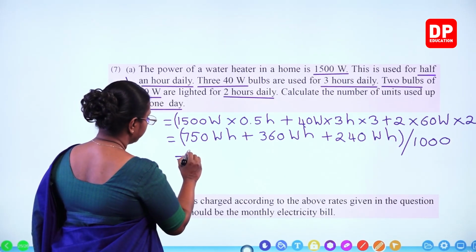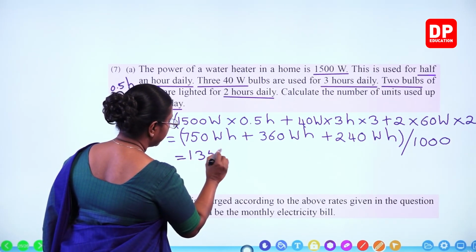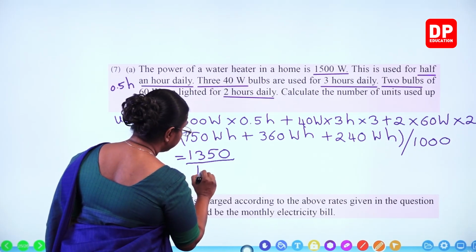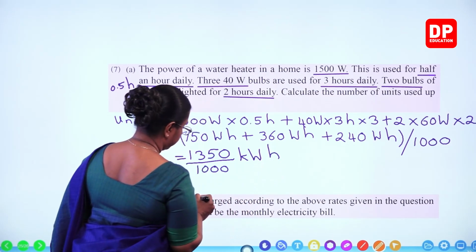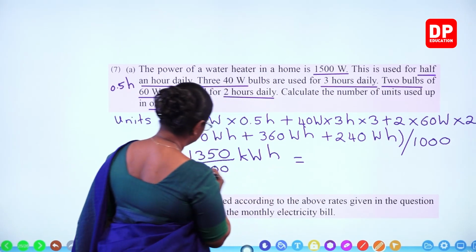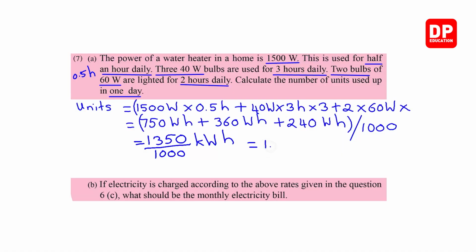So that is going to be 1350 divided by 1000 kilowatt hours. So that is equal to 1.35 kilowatt hours. That is 1.35 units. Or you can write this as 1.35 units.